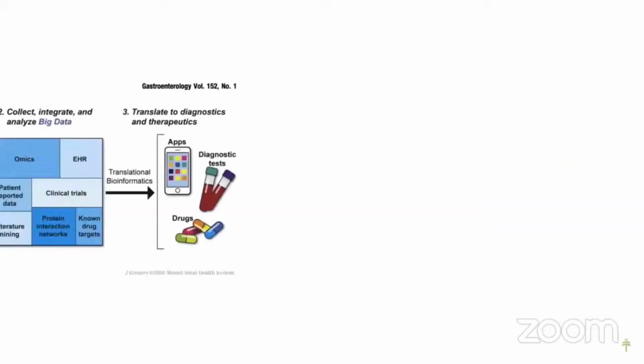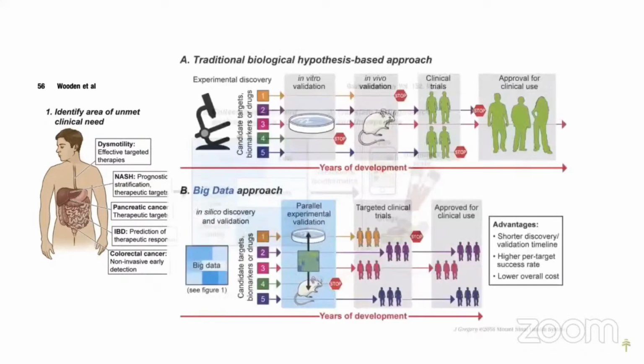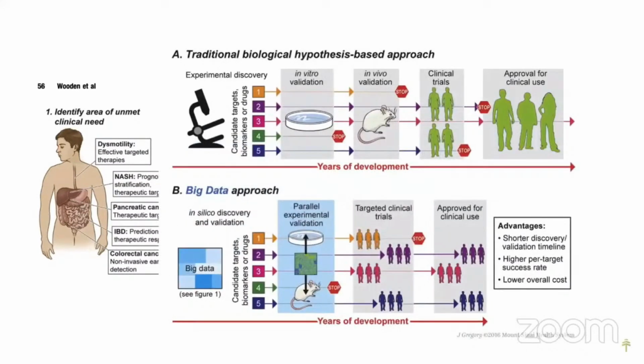This is also changing the way that we apply big data analysis techniques or bioinformatics in real-world clinical needs. So the typical process is to collect, integrate, and analyze big data coming from a variety of sources and ultimately change the way that this can be used in a big data approach for precision medicine.